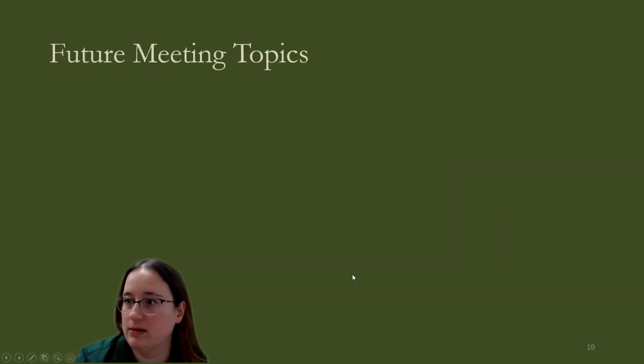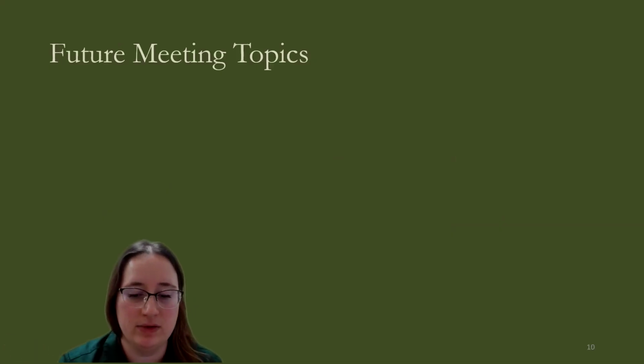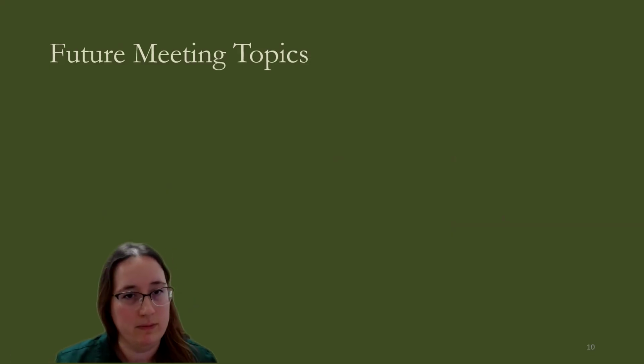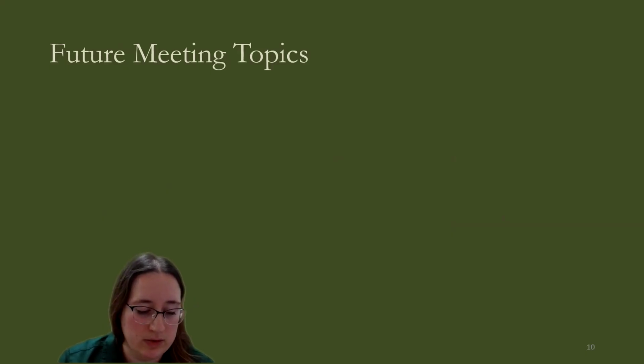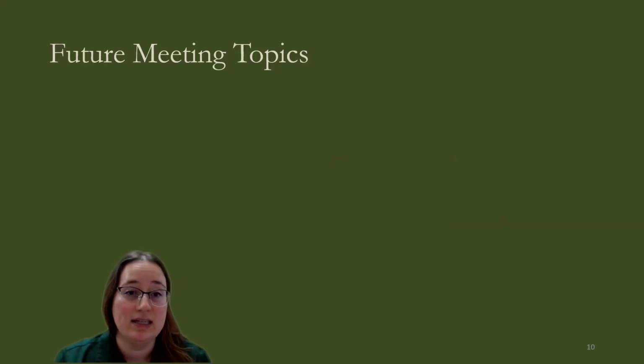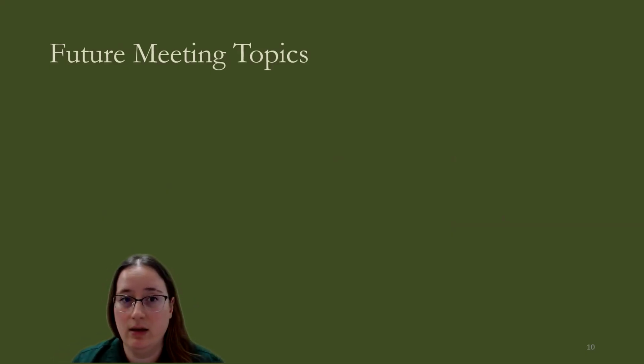Let's see. So, future meeting topics. We will have our big SC Consortium in-person meeting in the beginning of August. But we do also have regular meetings. Avery and I have worked tirelessly on data standards for entry.